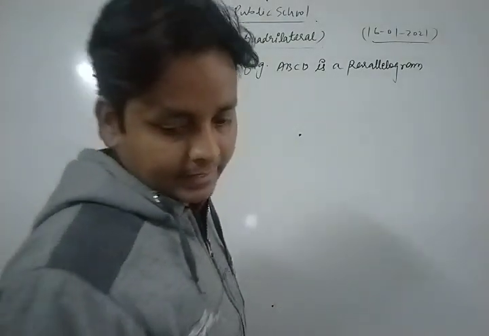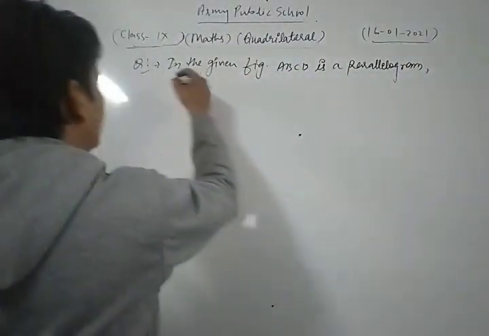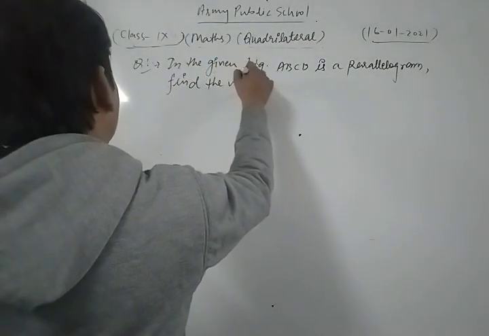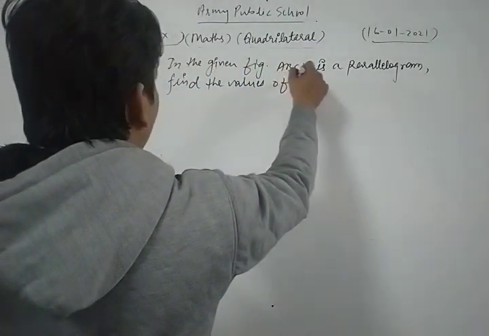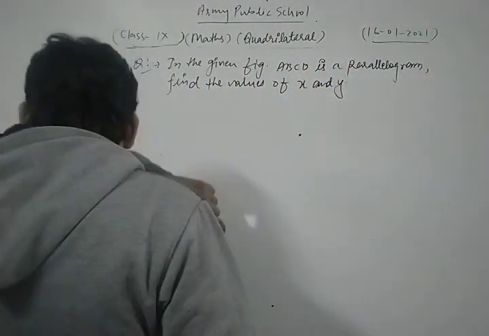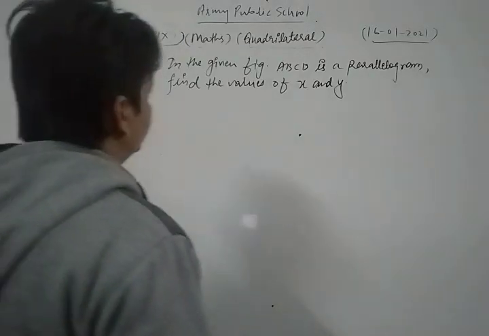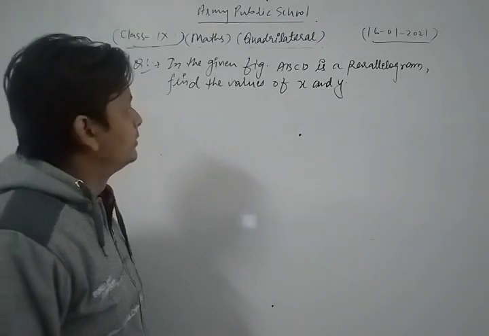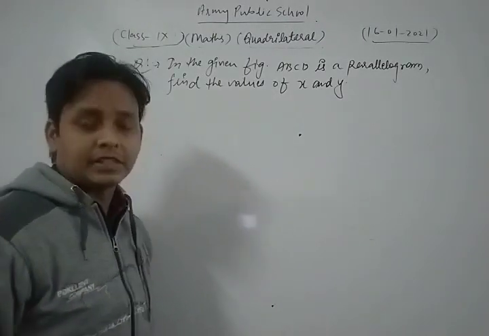Find the values of x and y. Okay, students, in the given figure, ABCD is a parallelogram, and find the values of x and y.